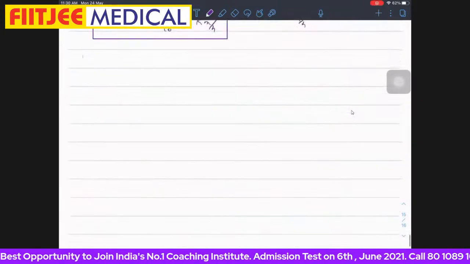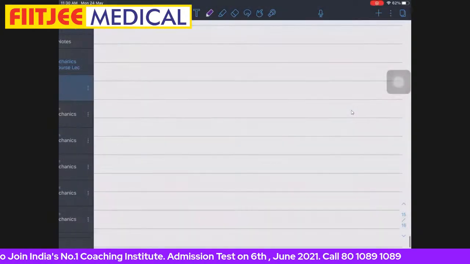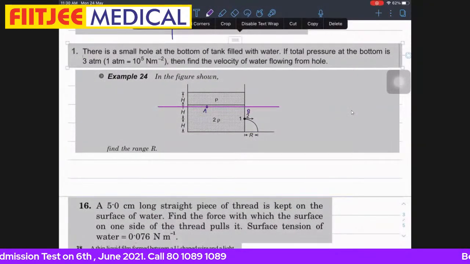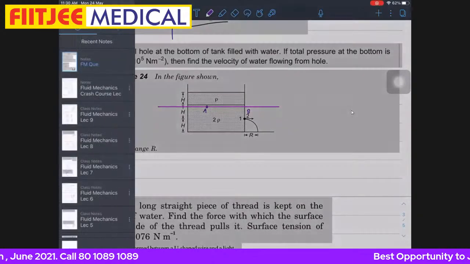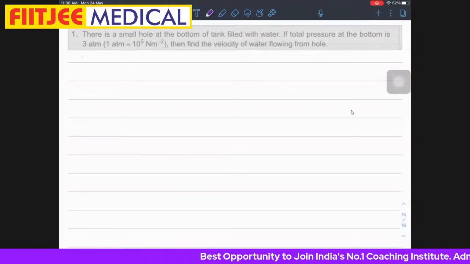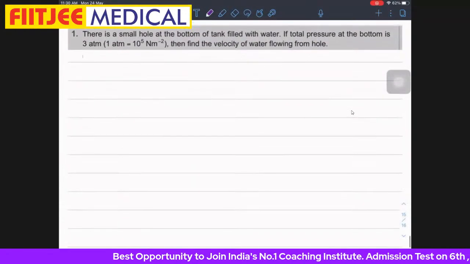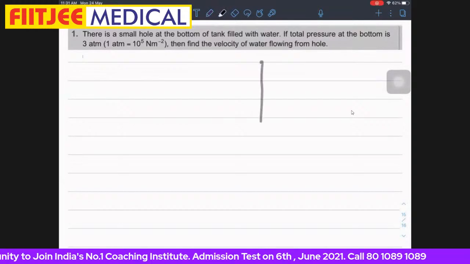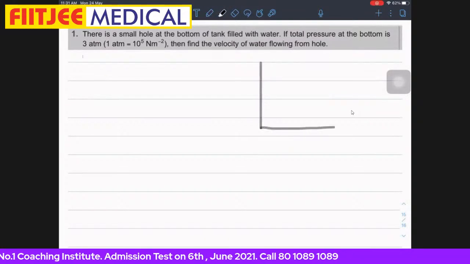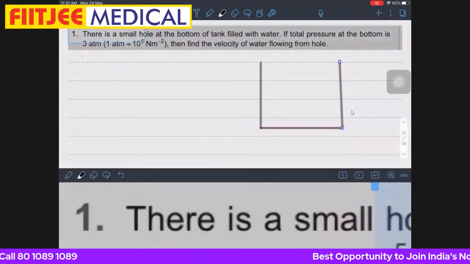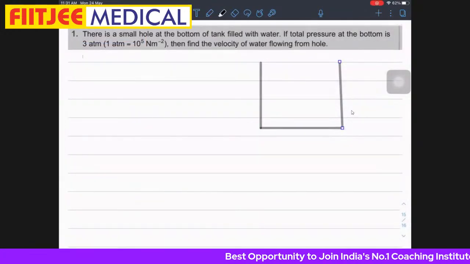Now let's take one more. See, they have given there is a small hole at the bottom of a tank filled with water. There is a tank, it is filled with water, and there is a hole at the bottom.